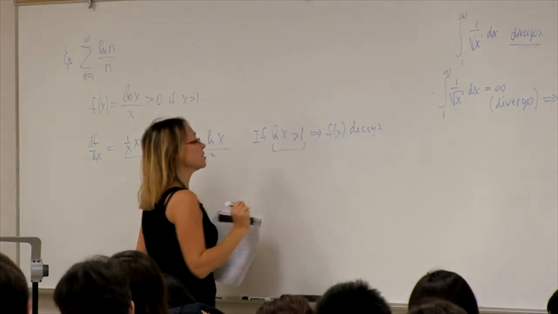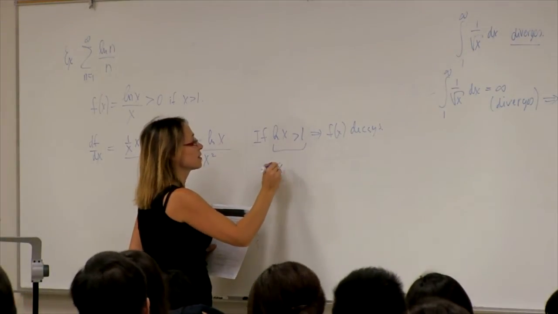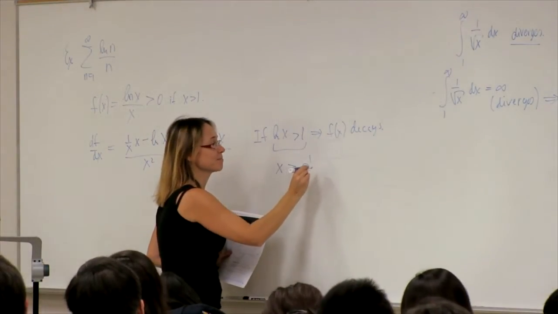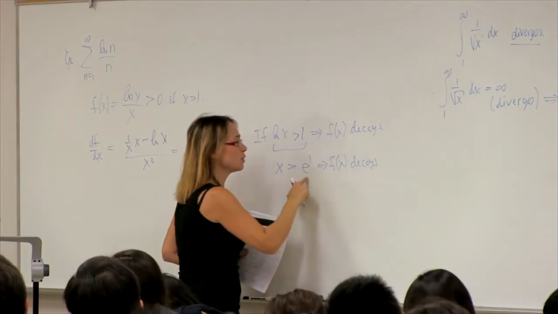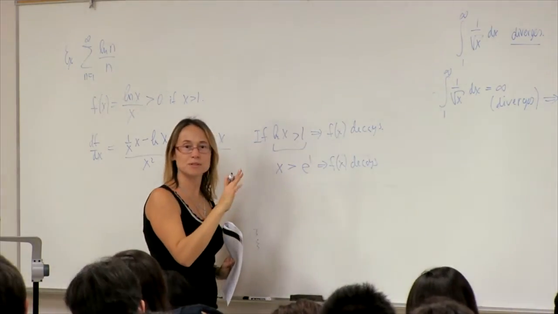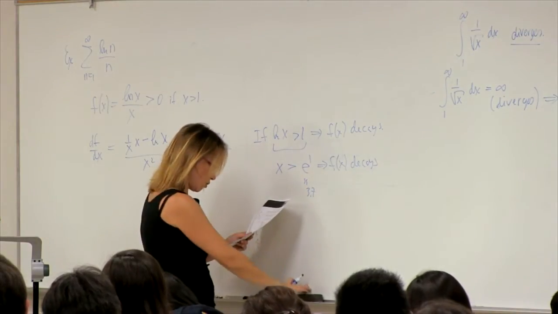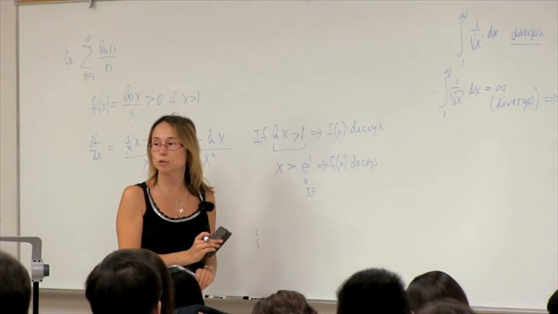So what does this inequality amount to? X is greater than e to the 1. What is e? 2.7 type thing. So starting from about 4, this function behaves in the way that we want it to behave.